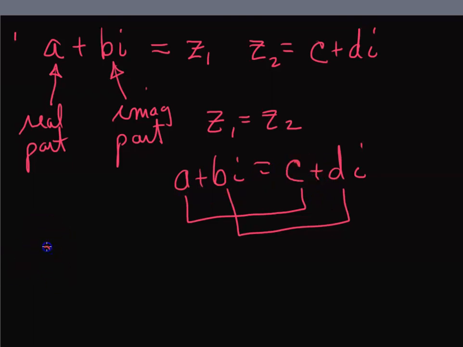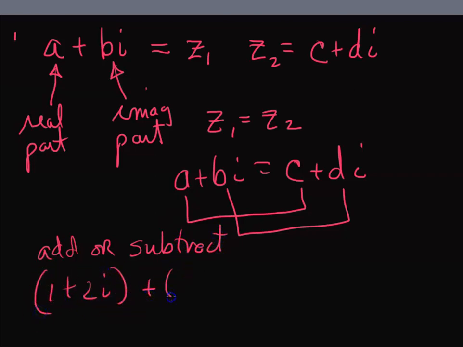So how do you add or subtract? Well, let's see. If we have 1 plus 2i, and we're adding that to negative 3 plus 4i, all we do is add the real parts, 1 and negative 3, so you get a negative 2, and add the imaginary parts, 2 and 4 is 6i's.